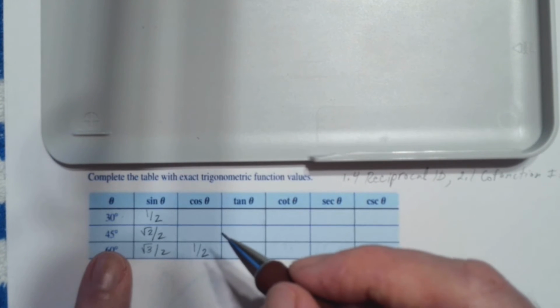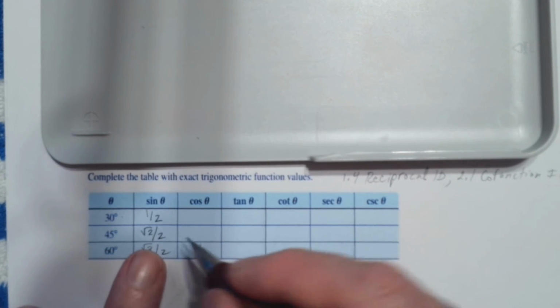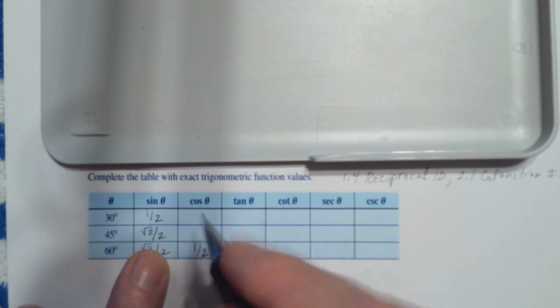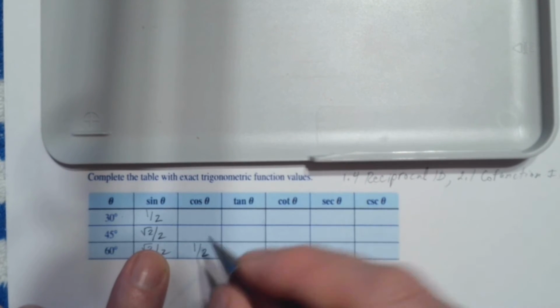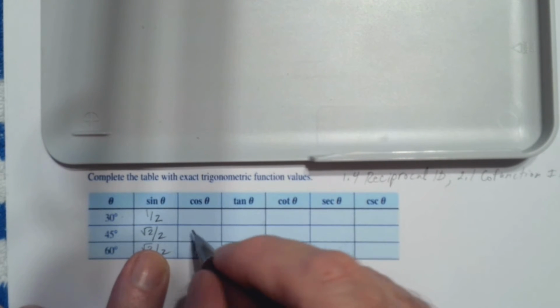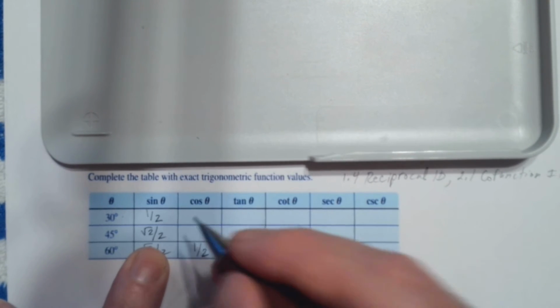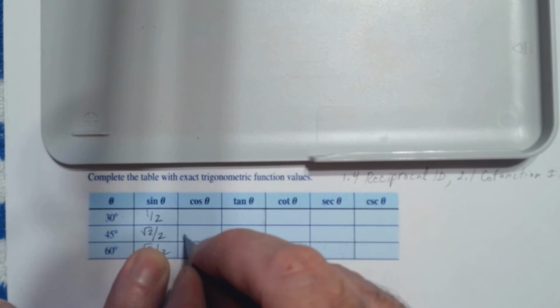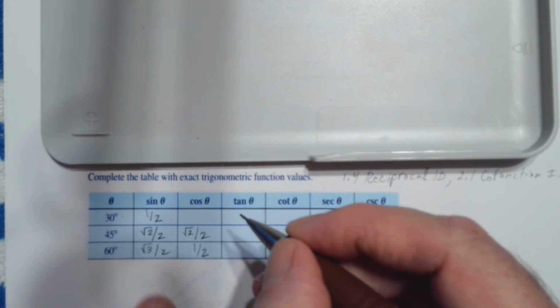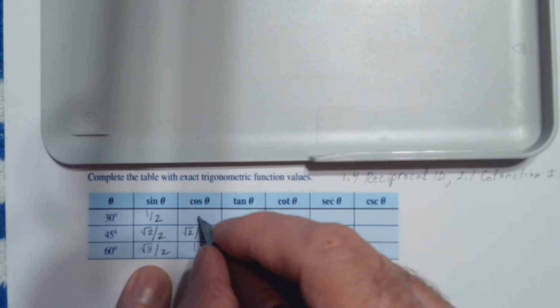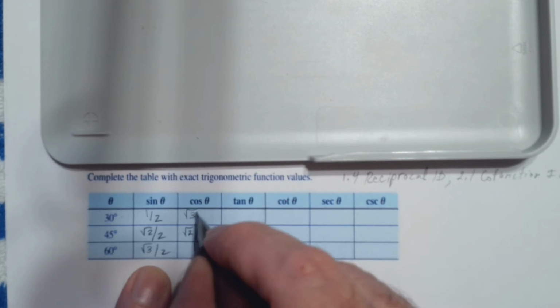Similarly, if the sine of 45 degrees is square root of 2 over 2, then using the cofunction, the cosine of 45 degrees, well, 90 minus 45 is 45, is also square root of 2 over 2. And if the sine of 60 degrees is the square root of 3 over 2, we know the cosine of 30 degrees will be the square root of 3 over 2.